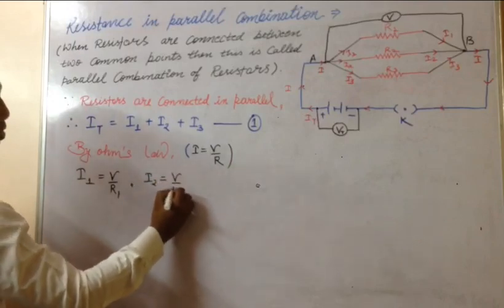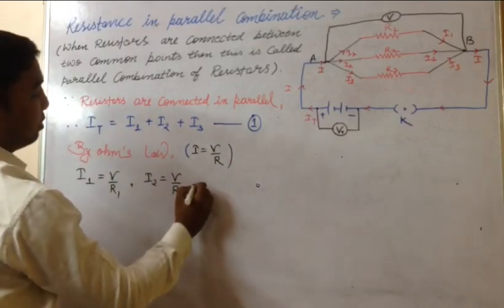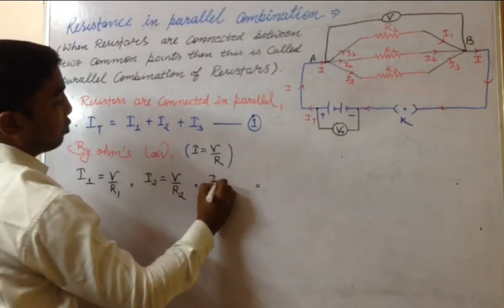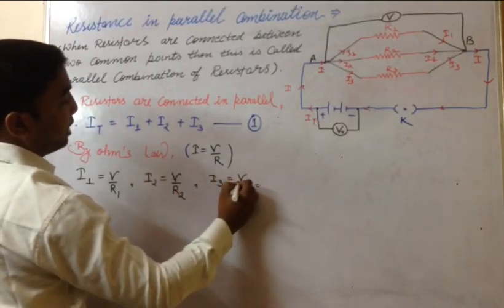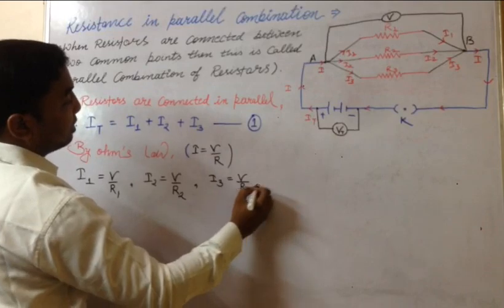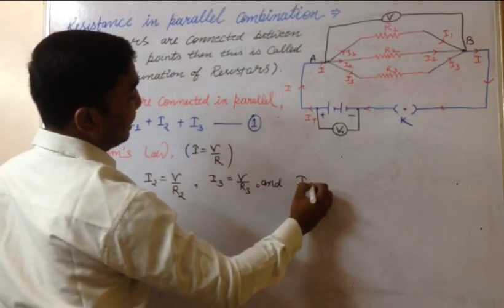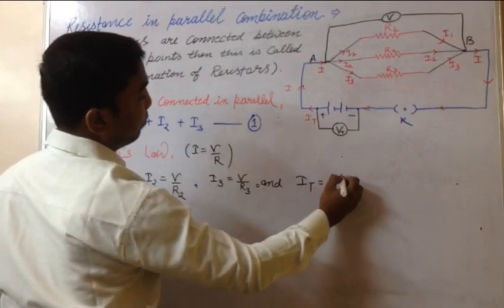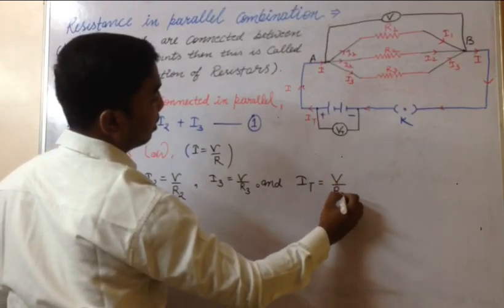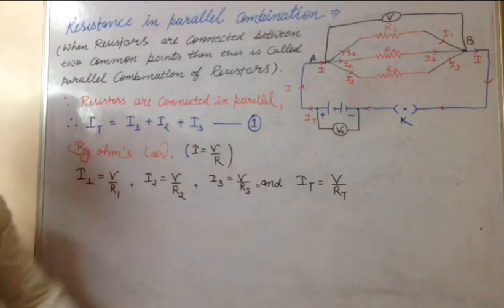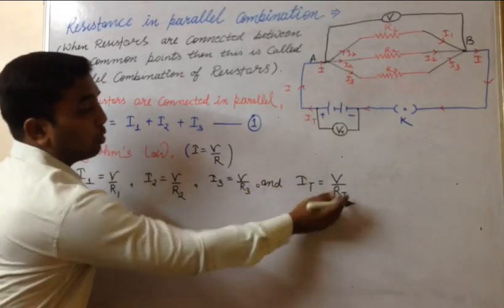V upon R2. I3 equal to what? V upon R3. And what about IT? V upon RT. RT means total resistance.